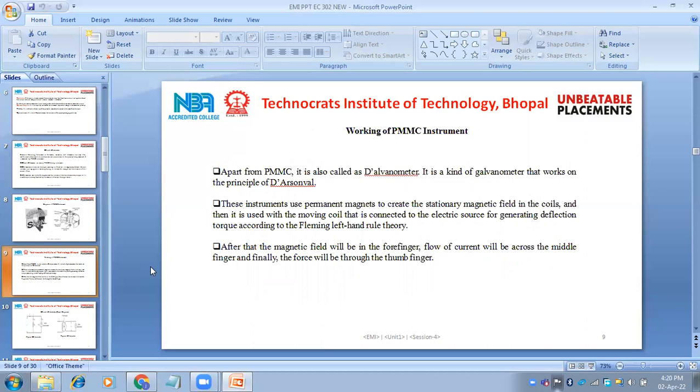These instruments use a permanent magnet to create a stationary magnetic field in the coils, and it is used with the moving coil that is connected to the electric source for generating deflection left and right. After that, the magnetic field will be in the forefinger. Flow of current will be across the middle finger, and finally, force will be through the thumb.